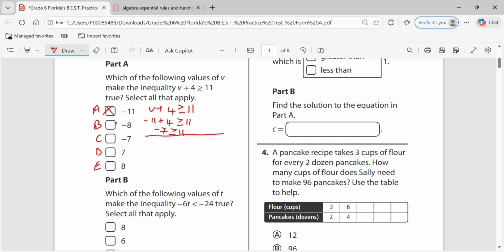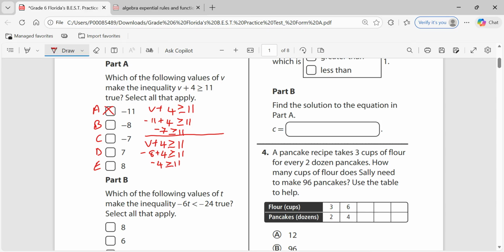So now we're going to try the next one, which is negative 8. V plus 4, again, should be greater than or equal to 11. So negative 8 plus 4, is it greater than or equal to 11? Two different signs, we subtract. Negative 4 should be greater than or equal to 11.